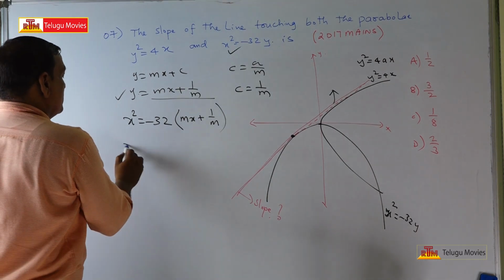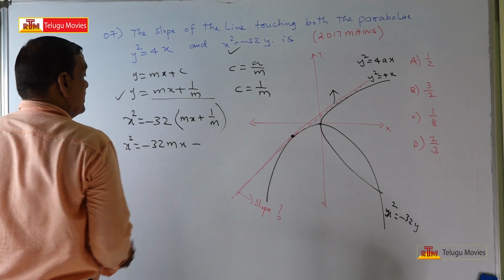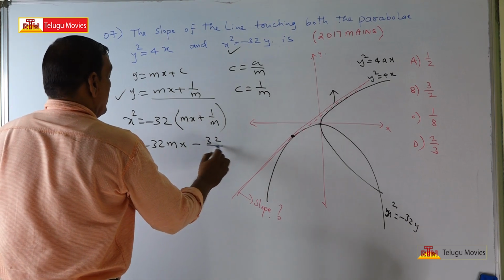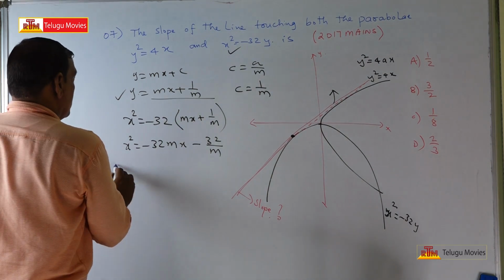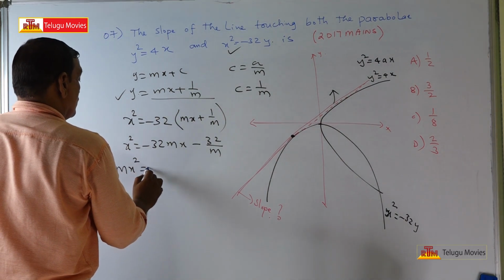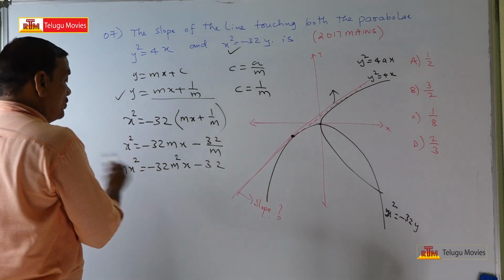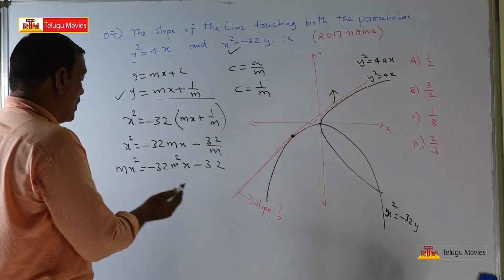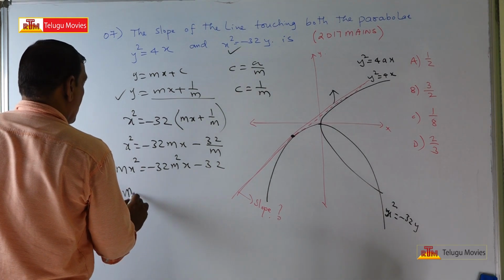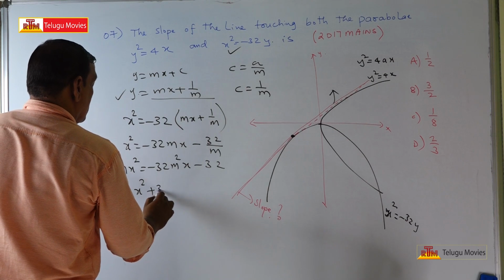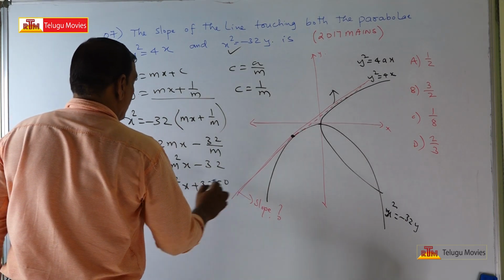So this is x² = -32mx - 32/m. Multiply the equation by m: mx² = -32m²x - 32. Take all terms to the left-hand side: mx² + 32m²x + 32 = 0.